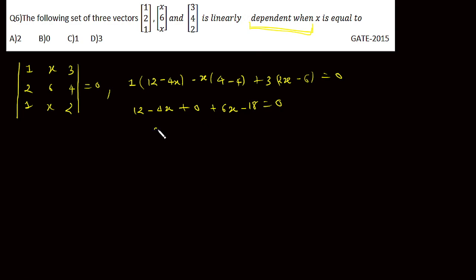So we get 2x minus 6 equal to 0, so x equals 3. If the value of x in this second vector is 3, then these three vectors are linearly dependent. So option D is the correct choice for the value of x.